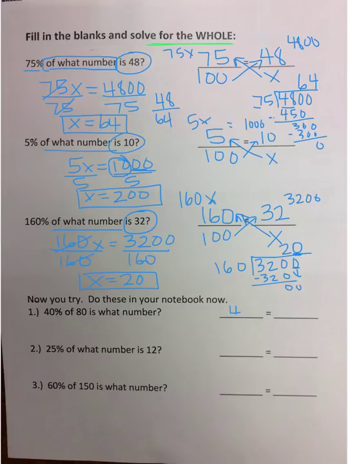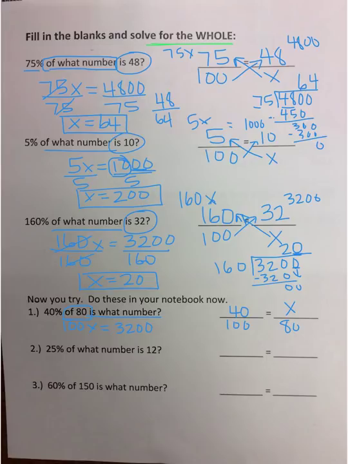40%, 40 over 100 of 80, that means the 80 goes on the bottom, is what number? That means we don't know the is. Our equation will be 100 times x, that's 100x, equals 80 times 40, that equals 3,200.